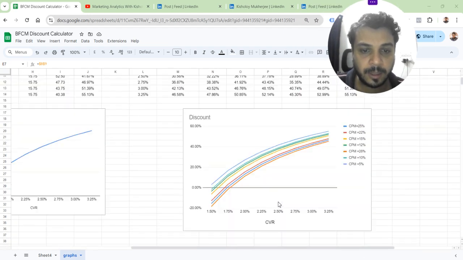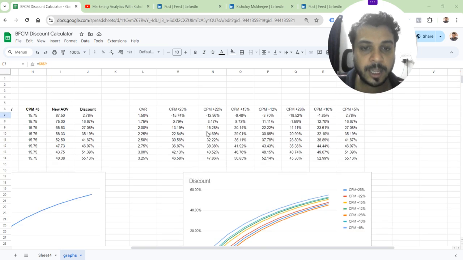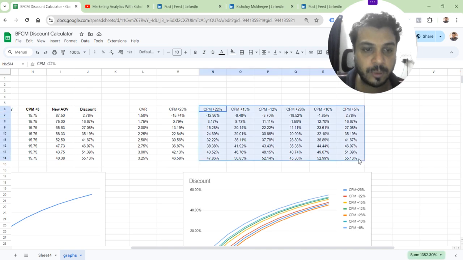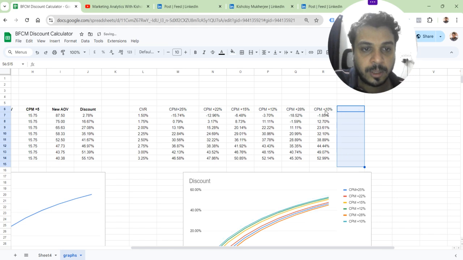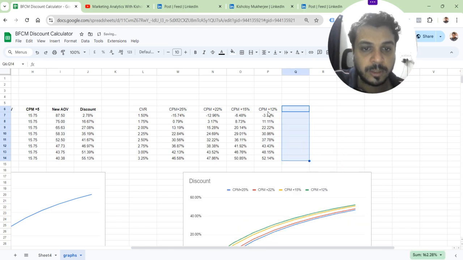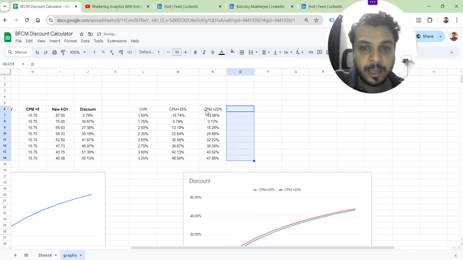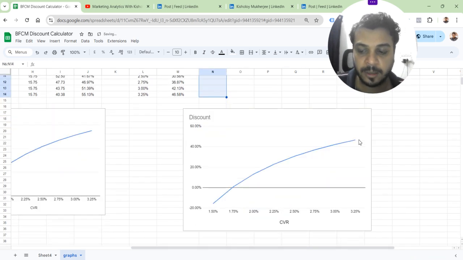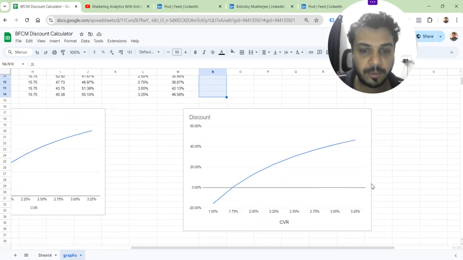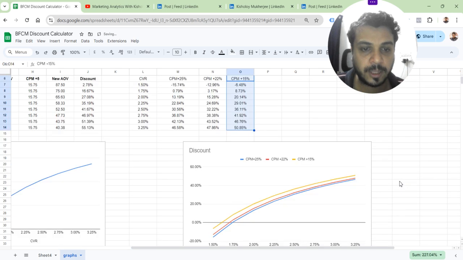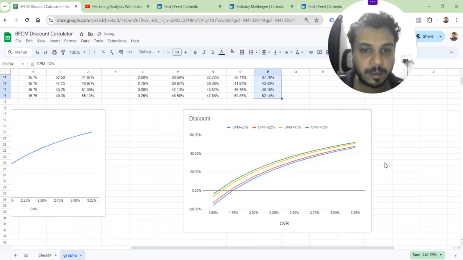So this is I think the really interesting thing, where you can visually see all the things that are going on constantly, and you can visualize this in a very useful way. So you can just remove all of these columns here. This is obviously the table that's been plotted. If you just remove them one by one, you can then see how this is actually evolving. So this is the 25%, and then we have the different percentages of CPM rises.